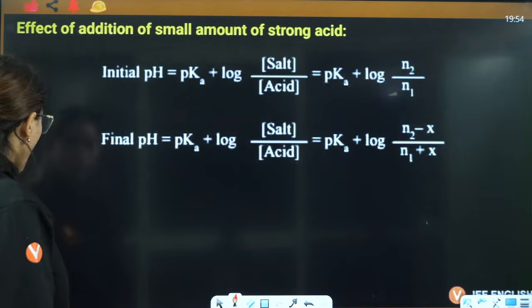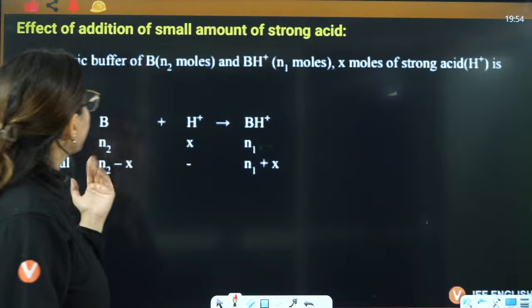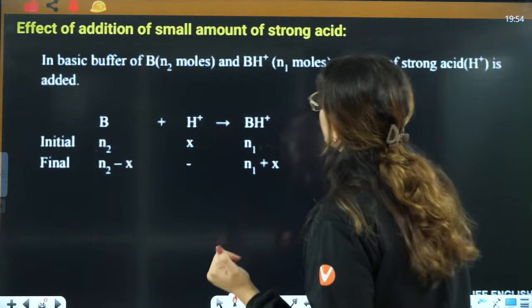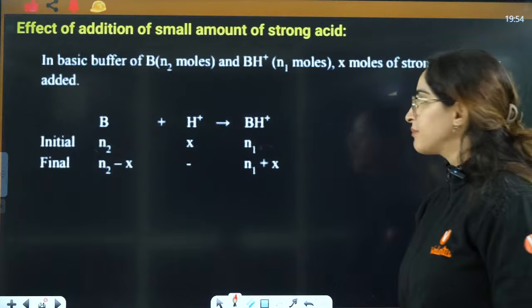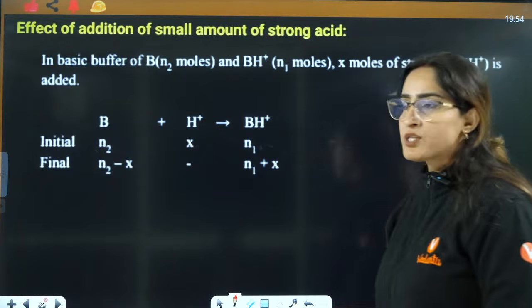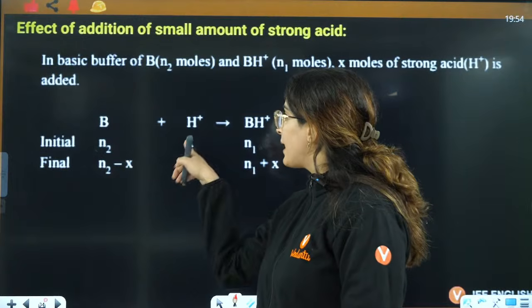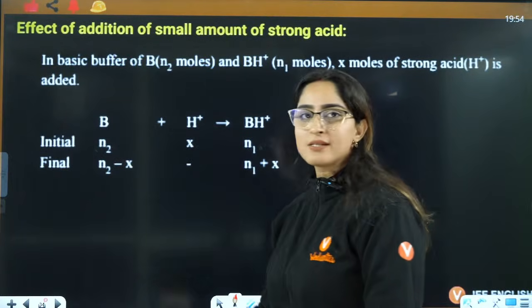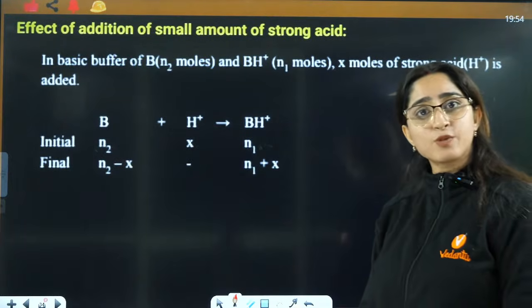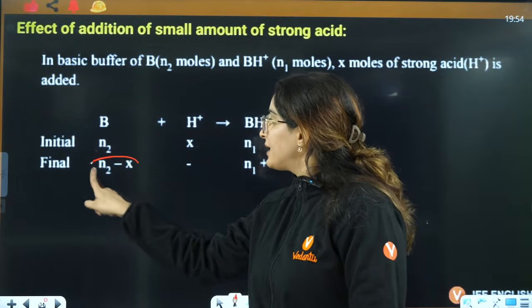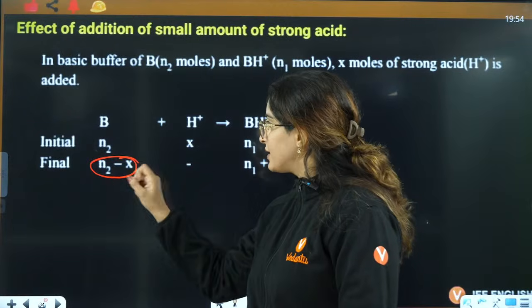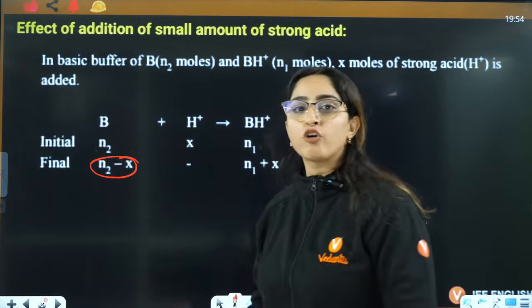Similarly, for a base also, the effect of addition of a small amount of strong acid. Wait a minute. In the basic buffer also, same thing. You have added H positive. This is the base. Base will react with this H positive. It will accept the H positive here, right? And it is going to react with it. That is why how much amount of B is reacted?